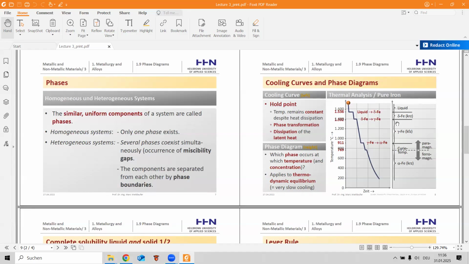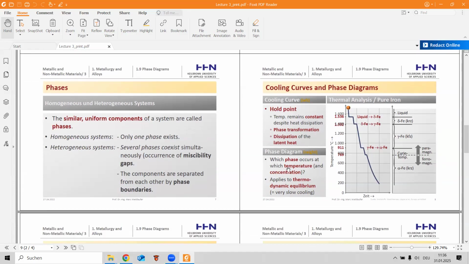And there is a phase diagram on the right, which shows which phase occurs at which temperature and concentration. So we need to define the phase using temperature and concentration. It applies to thermodynamic equilibrium, also called very slow cooling.